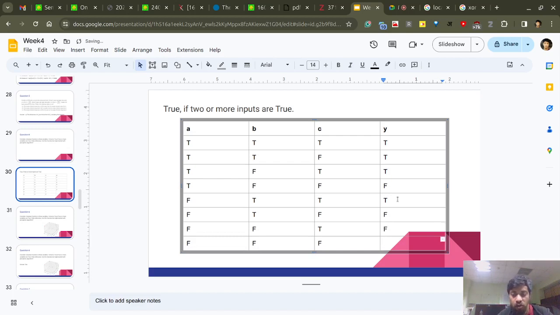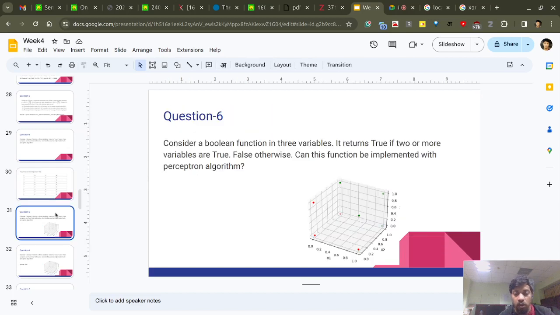Here none of them are true, so again it is false. Suppose we consider false as 0 and true as 1. Then let's plot a graph. So that will be the graph. Here this means false and here it means true.